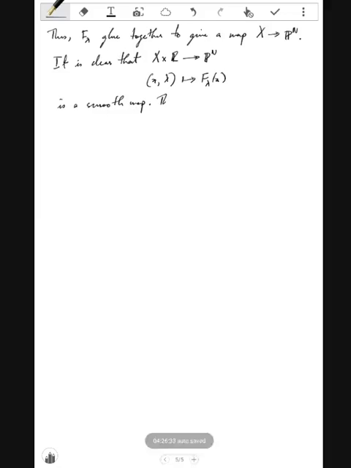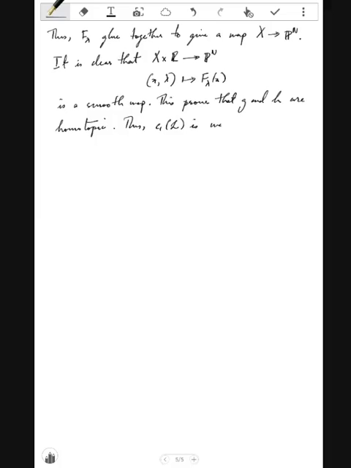This proves that G and H are homotopic. Thus, c_1(L) is well defined.